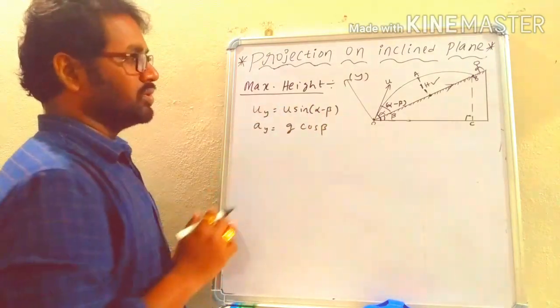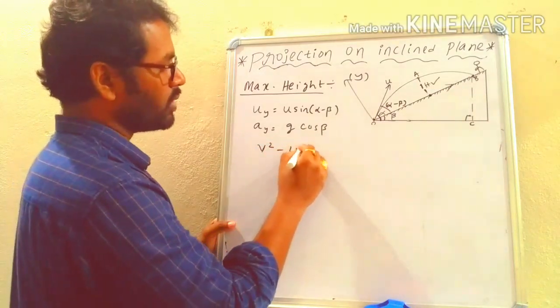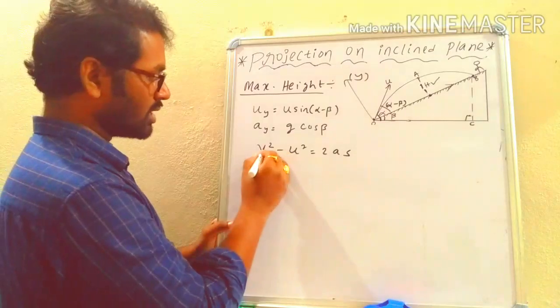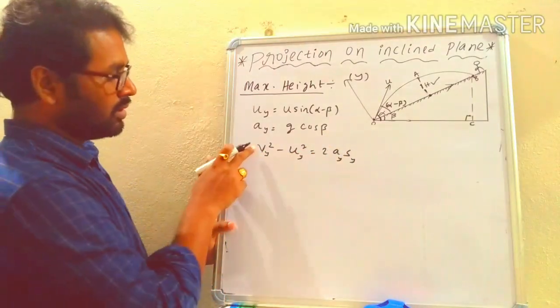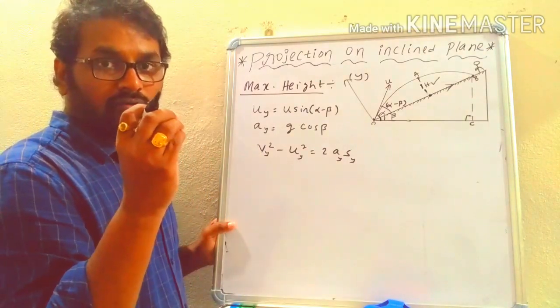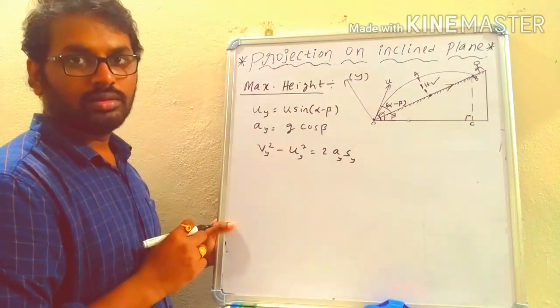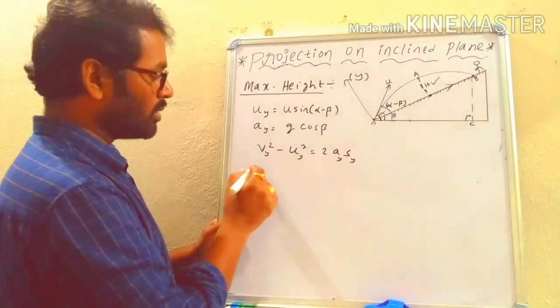By using these two, to find the displacement, we go with the equation v square minus u square is equal to 2as, written along the y-axis. Vy, the vertical velocity at the maximum height, to find the displacement equal to maximum height. How much is it?